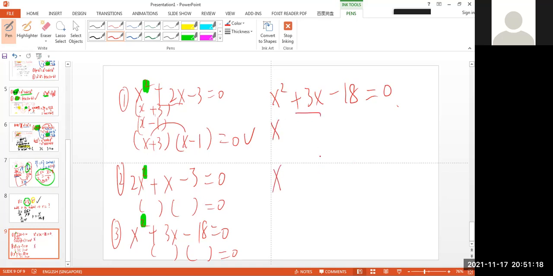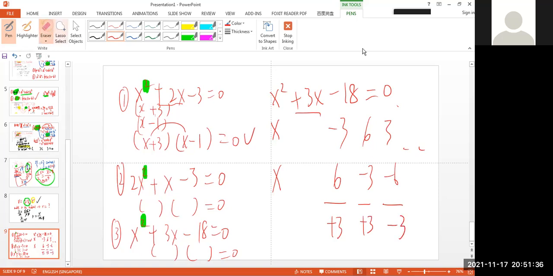How do you get plus 3x? You have a lot of combinations: minus 3 and 6, or 6 and minus 3, or 3 and minus 6, and then many other combinations. But you ask yourself, you get plus 3 here, you also get plus 3 here, you get minus 3 here. So immediately you can cancel this. You don't want minus 3, you want plus 3, right? So you just test one of them.